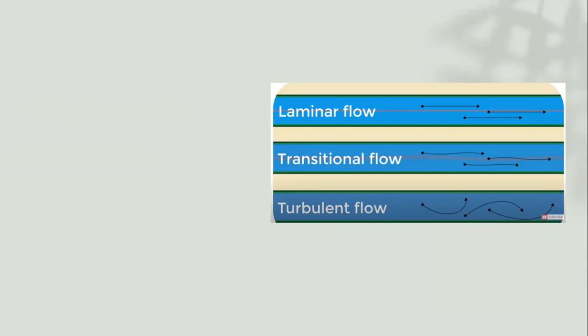In number one, which is the laminar flow, the water molecules are flowing in a very orderly fashion. The diameter of the hose is similar, but the flow is different. You can see the water molecules are flowing in a very orderly manner. This is known as laminar flow.